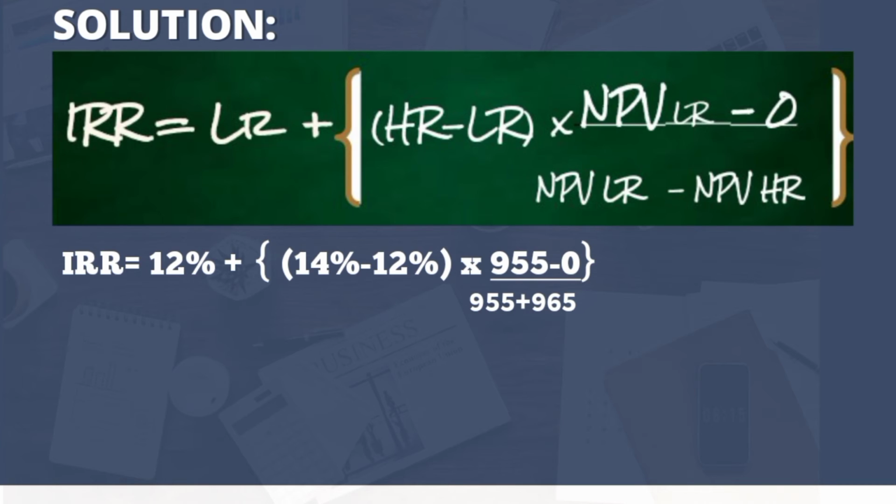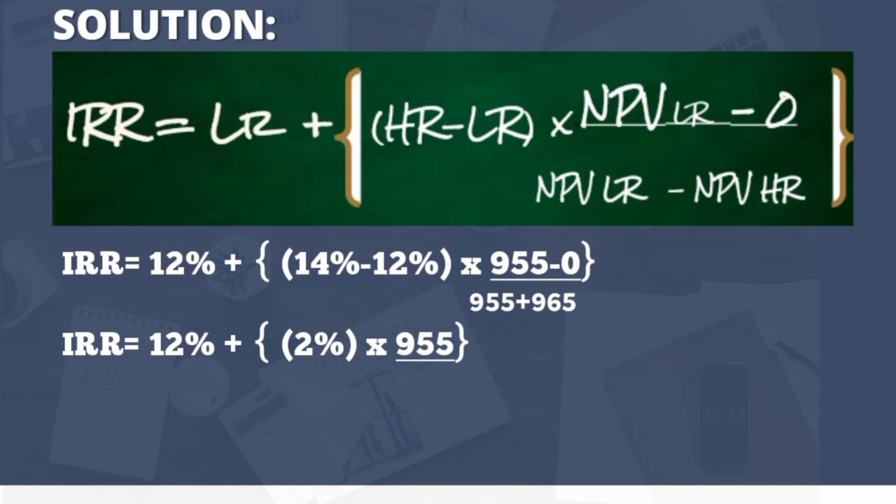So far, baka magtanong kayo or magtaka kayo bakit plus na yung naging formula dito. Bakit addition na? So far, when we deduct negative values, we should use the positive sign or the addition. Kaya naging 955 plus 965. So, let's continue.